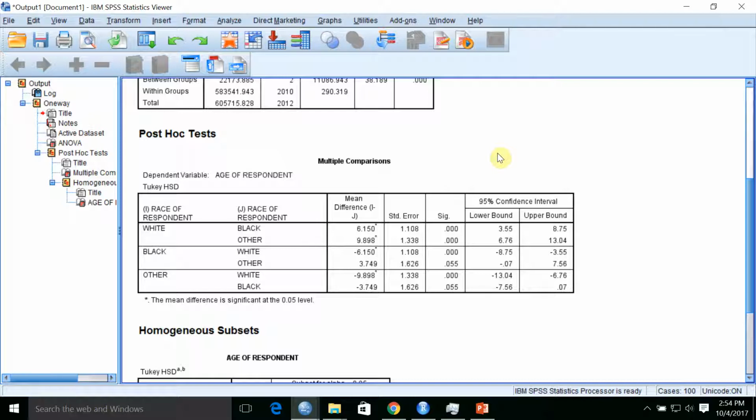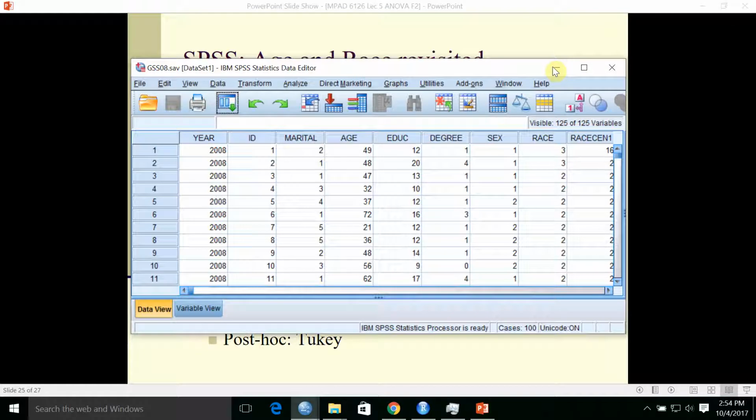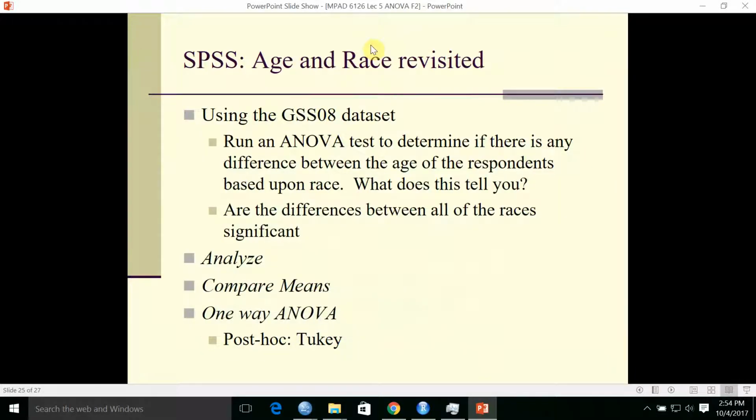There might also be other reasons for this, but we can at least say that there are significant differences, at least between white people and black people and white and other people, based on our data, and based at a 0.05 level of significance.